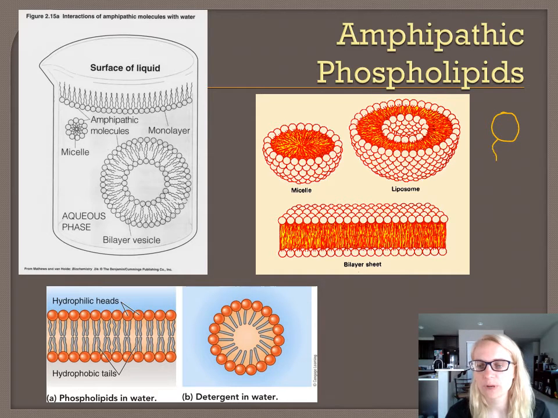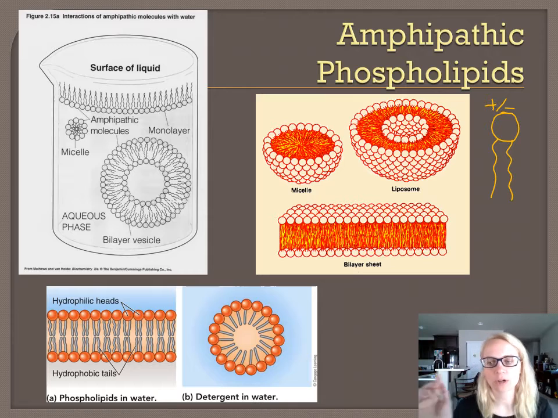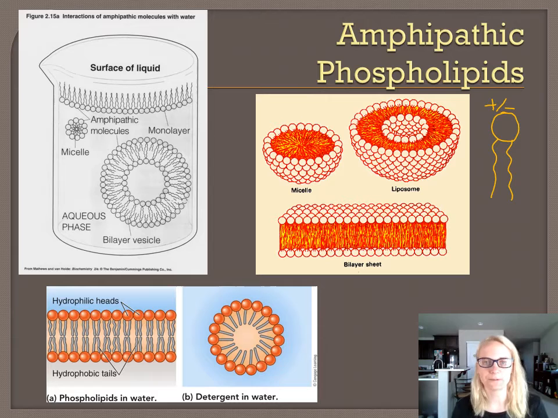So if you remember, we have this general pattern of a phospholipid. It looks like a balloon with two tails or something. This top part is charged. It's going to have some partial positives and partial negatives. There's some polar covalent bonds. There's some actual full-on ionic charges on some of those atoms on that phosphate group. There's phosphorus and oxygen and nitrogen.